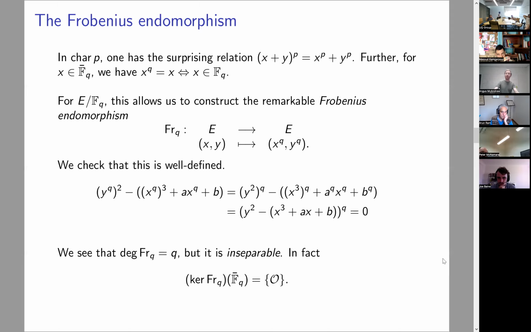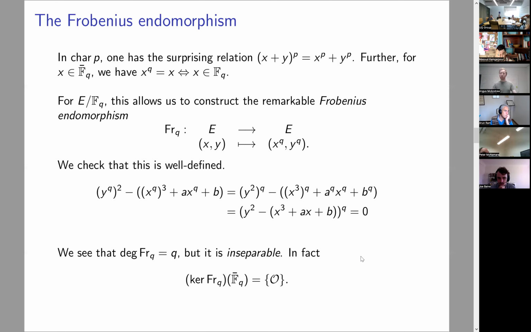Moreover, it's very easy to read off the degree of this map. The degree of the Frobenius, well, just look at the degrees of these polynomials. It is just q. So it's just a degree q map. Unfortunately, it is not separable, the word that we used last time. It is an inseparable morphism.